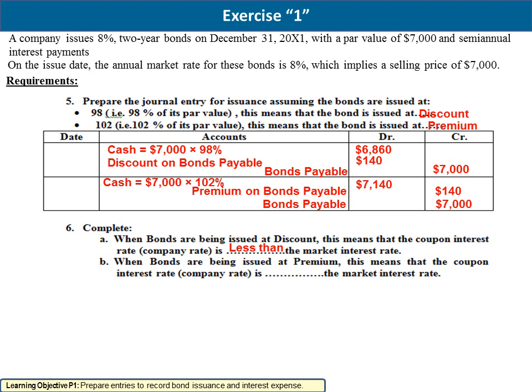When bonds are being issued at premium, this means that the coupon interest rate is for sure higher than the market interest rate, because I'm giving the investors more money than any other bond in the market. So I have the right as a company to raise the selling price of my bonds. So this is called bonds issued at premium.